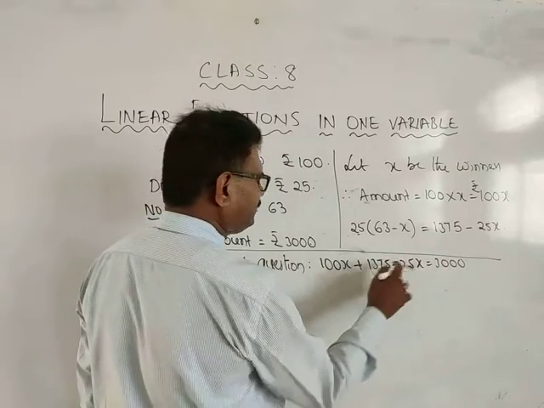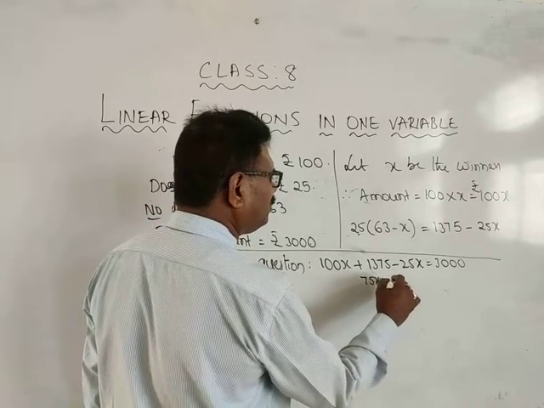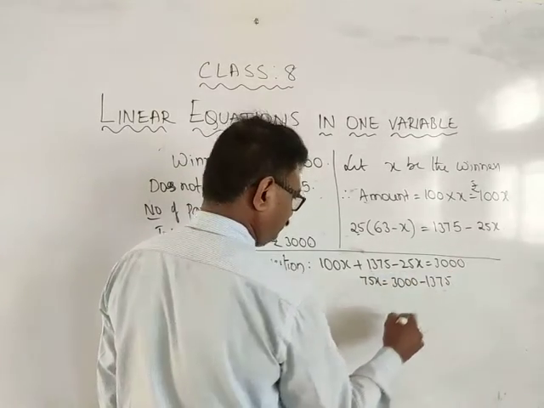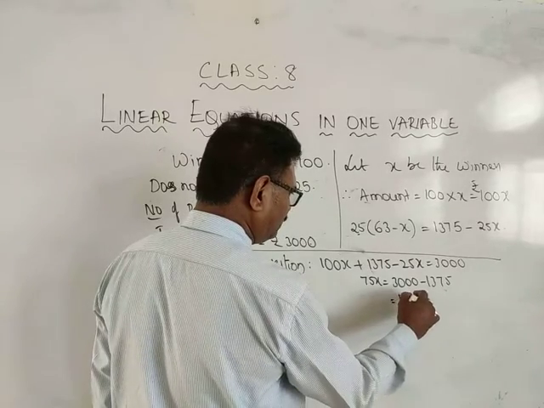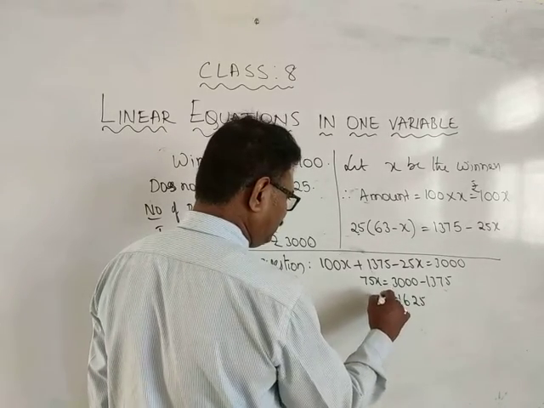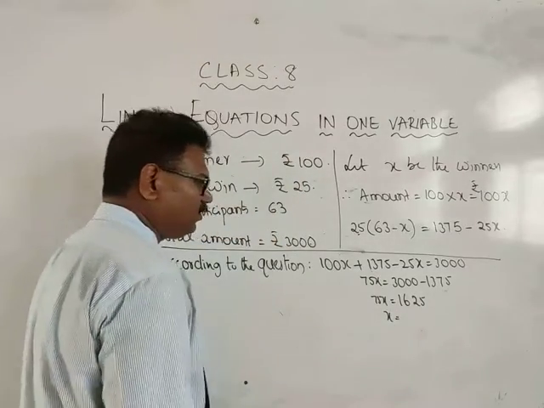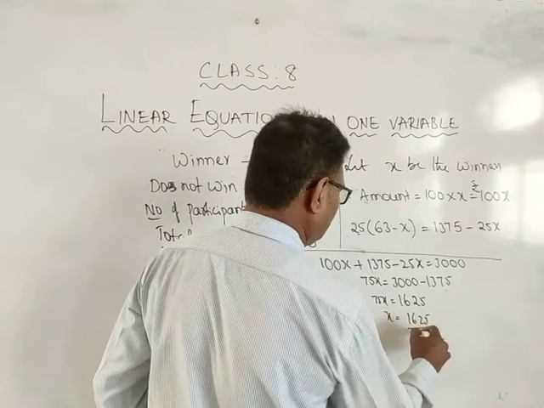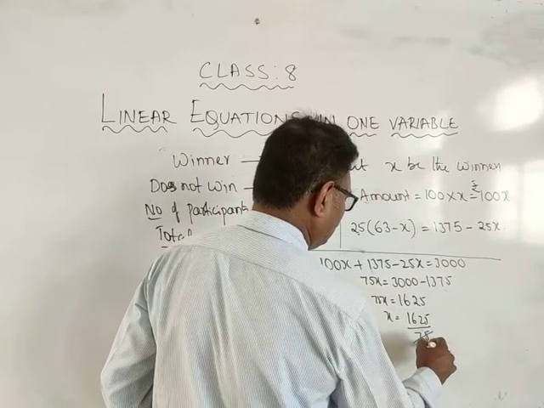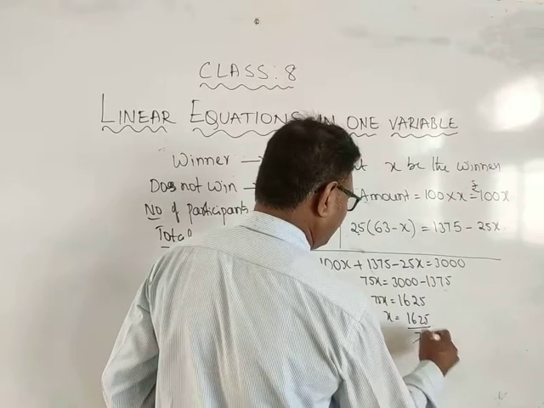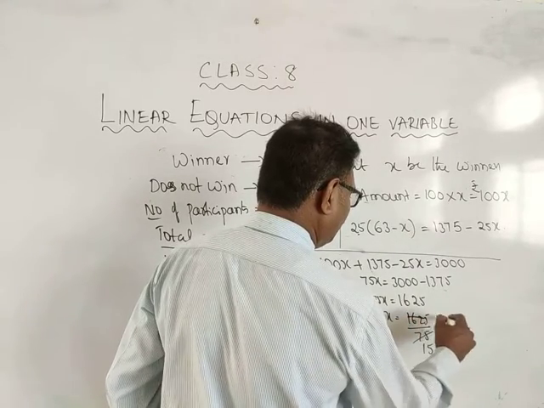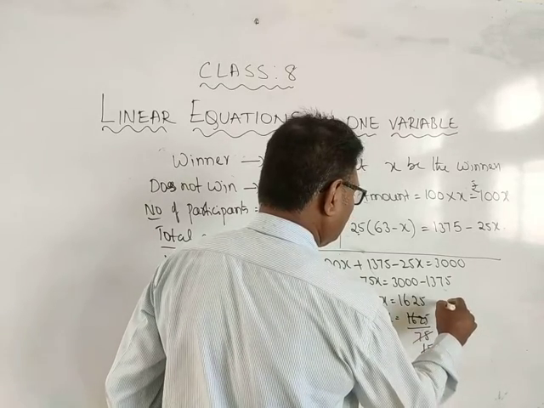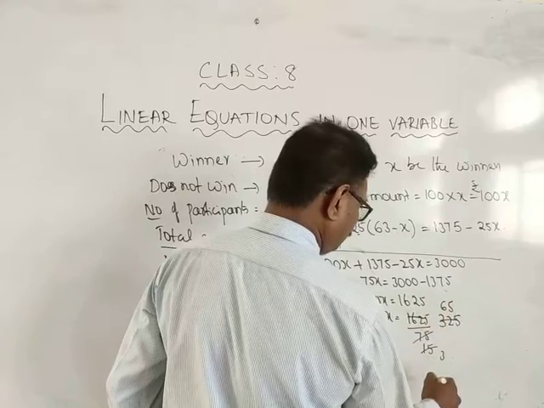So 100 minus 25 is 75X equal to 3000 minus 1375. It will be equal to 1625. 75X. Therefore X equal to how much? 1625 divided by 75. 5 1s are 5, 5 5s are 25, 5 3s are 15, 5 2s are 10, 5 5s are 25, 5 3s are 15, 5 6s are 30, 5 5s are 25.